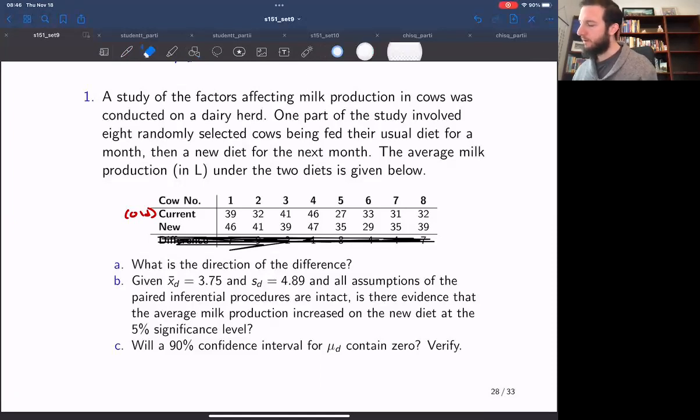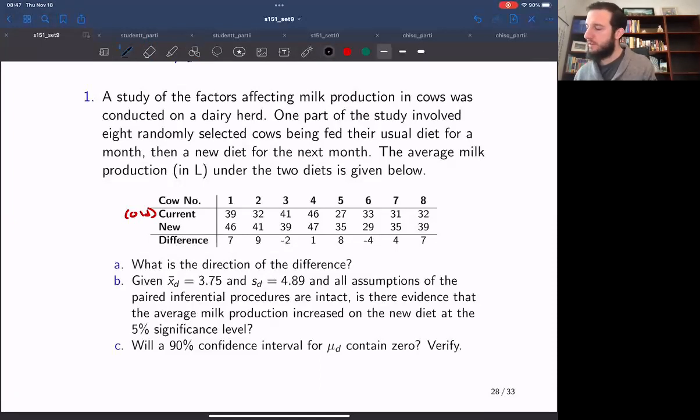So the first thing that we're going to do is construct the differences. I have decided to take the differences as new minus current. So 7 is 46 minus 39, 9 is 41 minus 32, -2 is 39 minus 41, 1 is 47 minus 46, 8 is 35 minus 27, -4 is 29 minus 33, +4 is 35 minus 31, +7 is 39 minus 32.